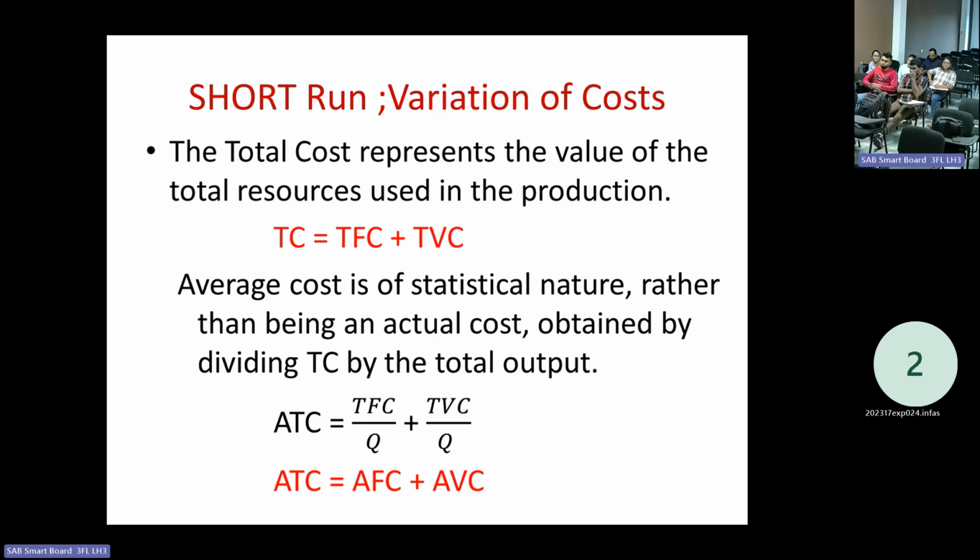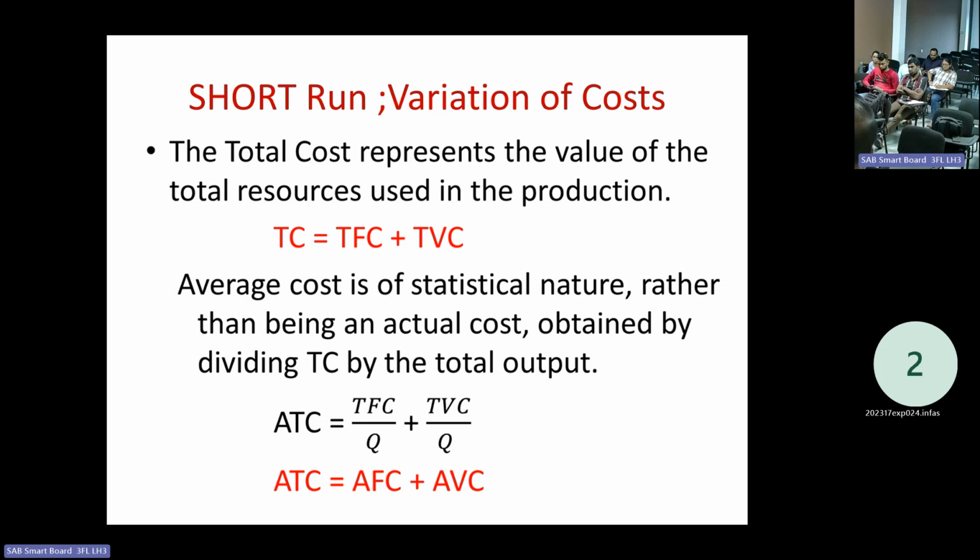Since the total cost is TFC plus TVC, average cost means average fixed cost plus average variable cost. How do we take the average total cost?